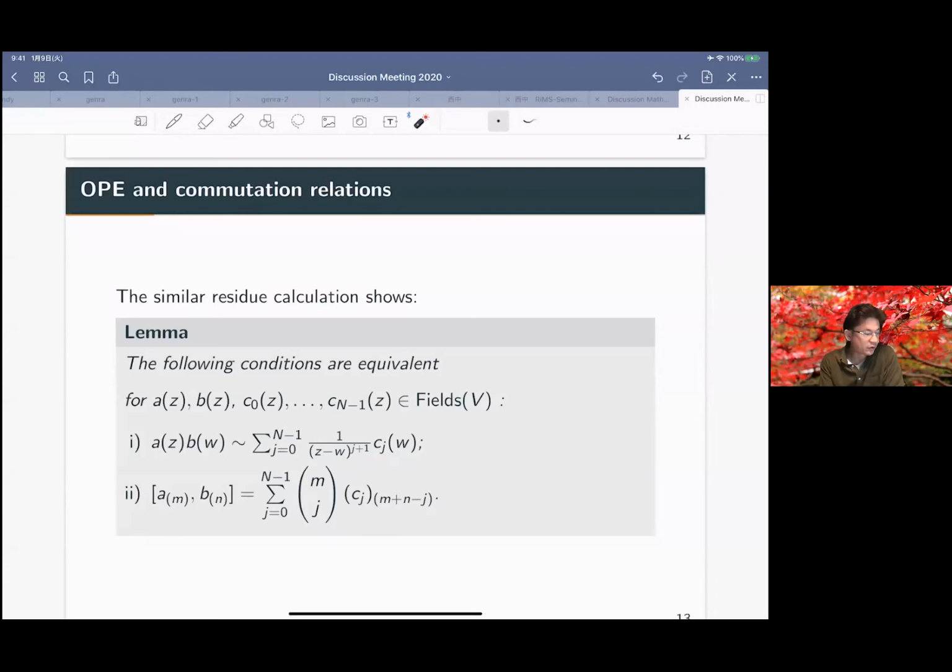In other words, the OPE is equivalent to the commutation relation of operators. So the OPE gives a compact form of the commutation relations of these infinitely many operators.